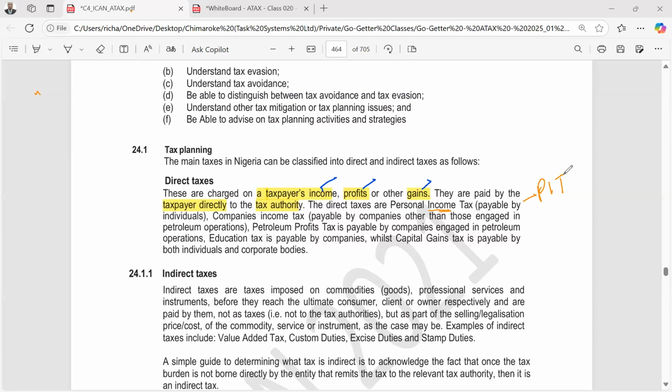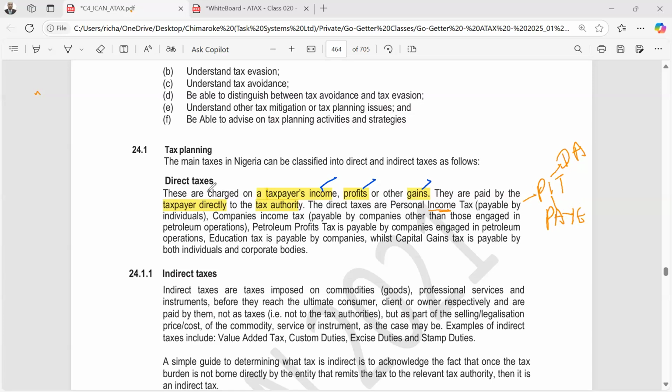This PIT for direct assessment is for businessmen. For employees, it is called PAYE. So that is for personal income tax.